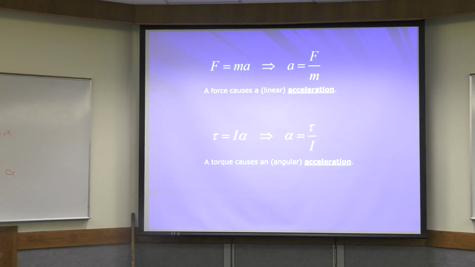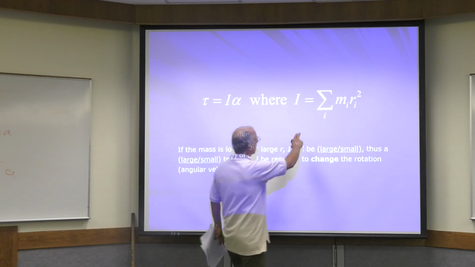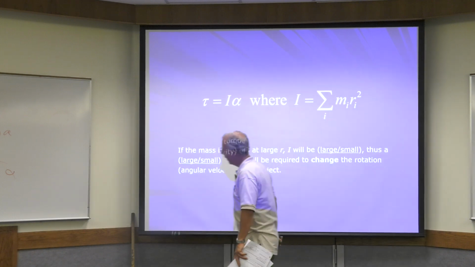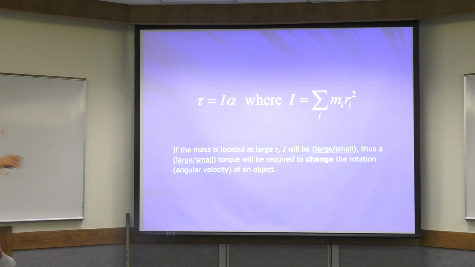Now, we haven't talked about rolling motion yet. We need to do that. Sorry, jumped ahead. Torque equals I alpha, where I is that mr squared thing. So look at this equation. If the mass is located at large r, I will be large or small?